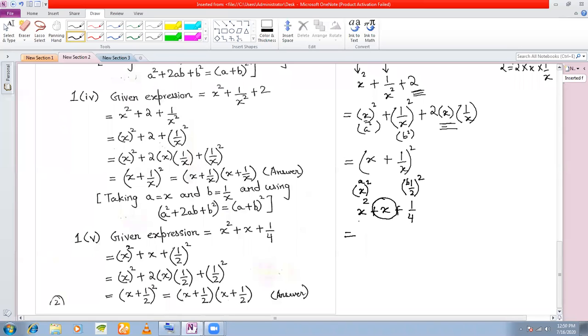So let us check in the next step whether we are getting that. So this is our a square. Keep this as it is. We'll check later. And we write 1/4 as. So now I've got a and b. So now this is my a square plus 2. What is a here? X. What is b here?